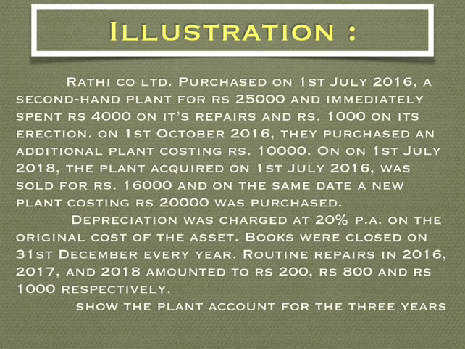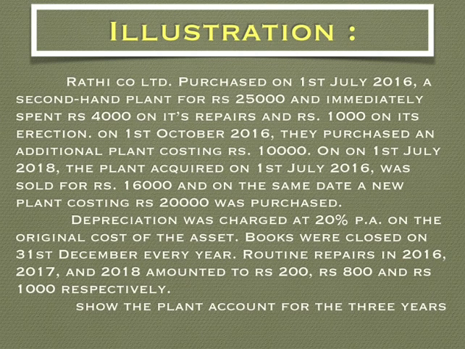It means that this problem is associated with the fixed installment method. Books were closed on 31st December every year. Routine repairs in 2016, 2017 and 2018 amounted to rupees 200, 800 and 1,000 respectively. Show the plant account for the 3 years.